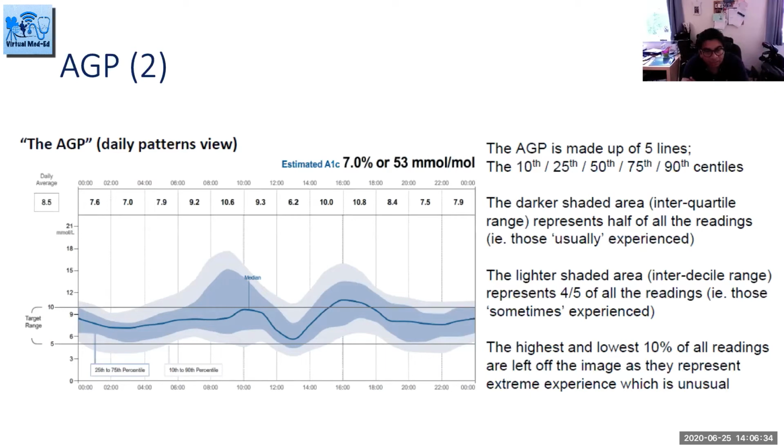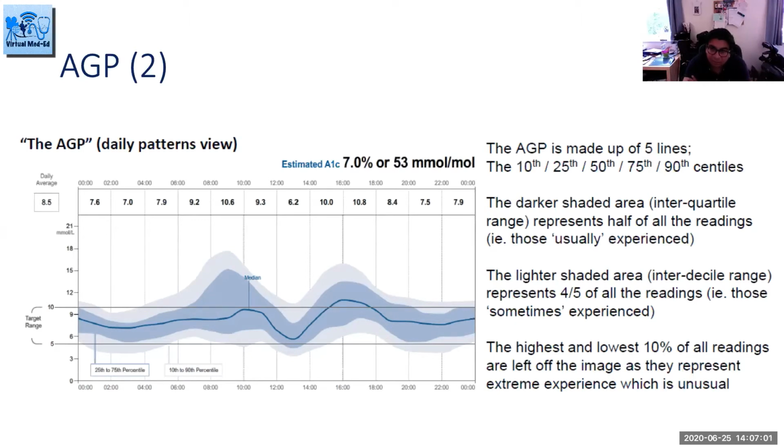But the dark shade blue above and below, that's your 25th and 75th quartile, and what it tells you, that's the kind of range 50% of the time the patient spends in throughout the day or throughout that typical profile. And then the lighter shade of blue reflects what happens over the 80% kind of period.